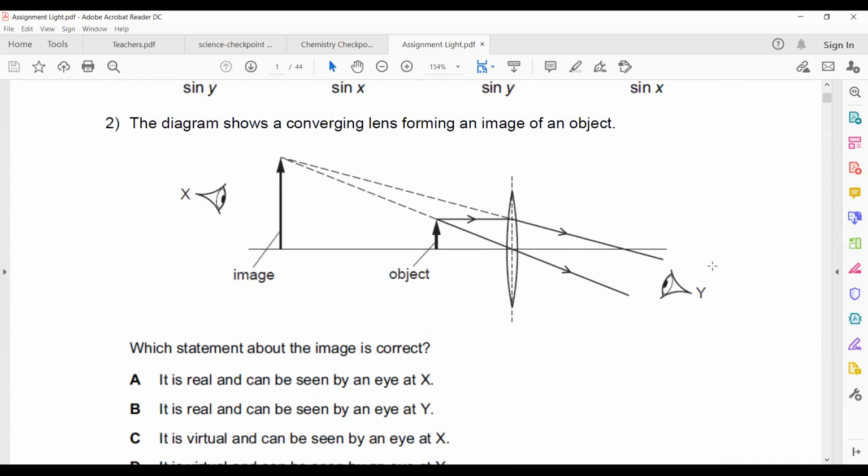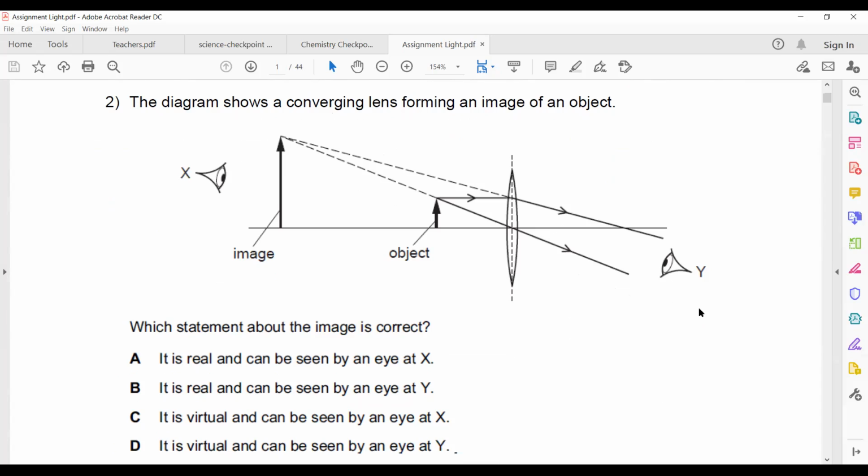No, that's finished. Like how the image is formed by a convex lens, that part is done. Now some questions related to it.